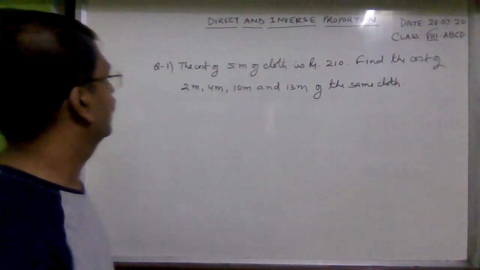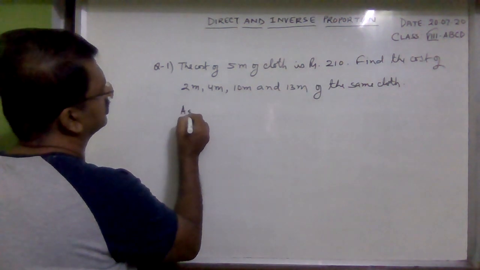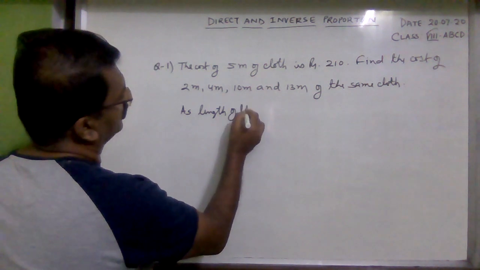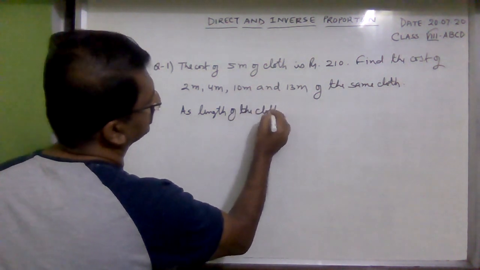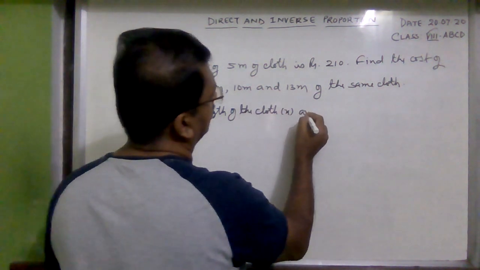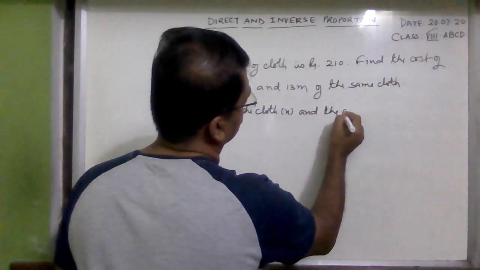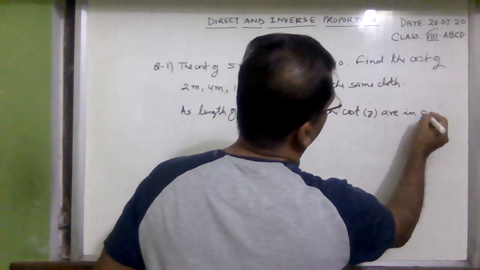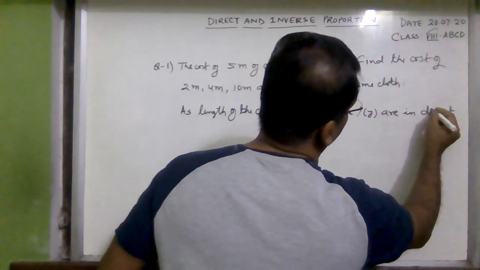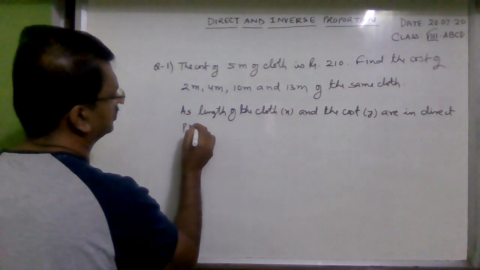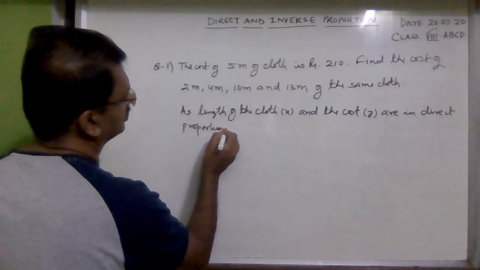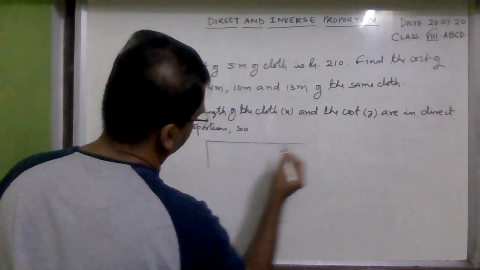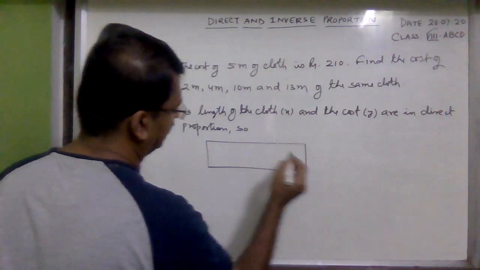So we will write: length of the cloth and the cost are in direct proportion. So you just make a table like this.